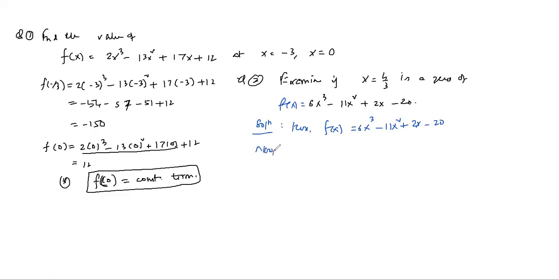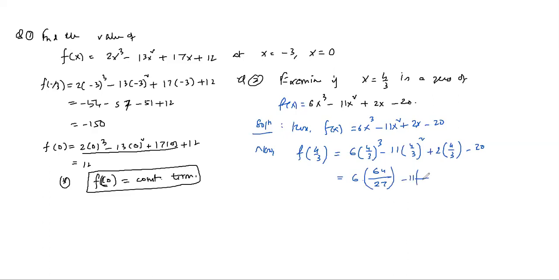Now if I need to check whether this is a zero or not, I have to put this value here. So you go on putting this value: 6 times 4 by 3 whole cubed, minus 11 times 4 by 3 whole squared, plus 2 times 4 by 3, minus 20. 4 cubed is 64, over 27, and then 11 times 16 by 9, and then 8 by 3 minus 20.